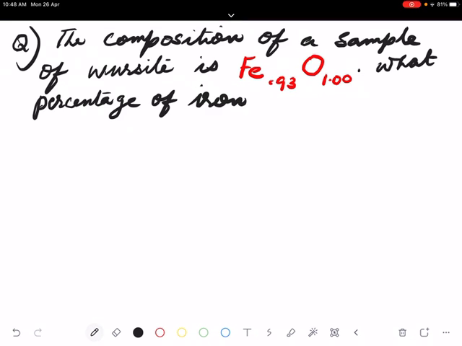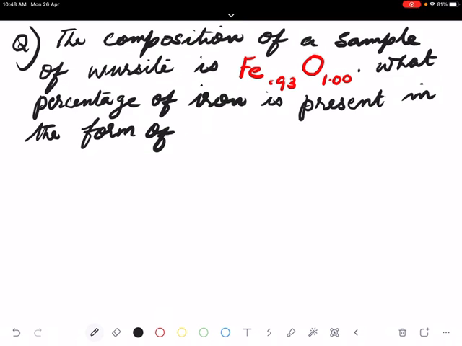What percentage of iron is present in the form of Fe3 plus? Fe3 means Fe3 plus.